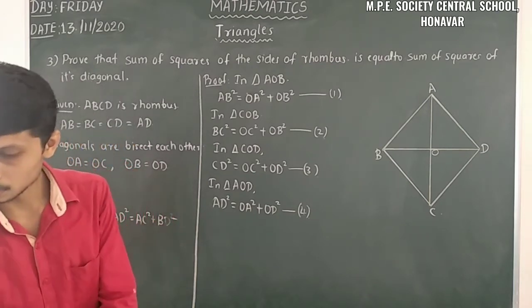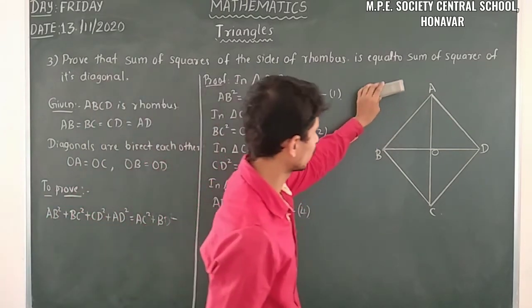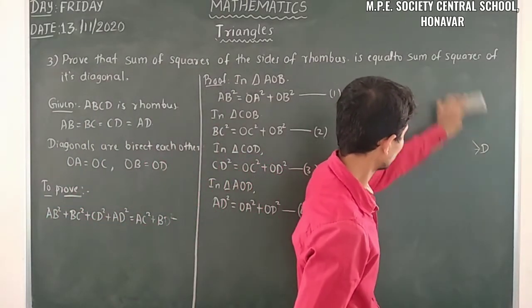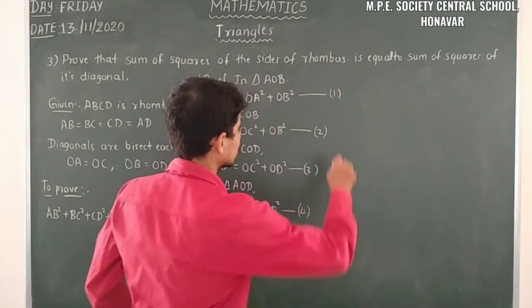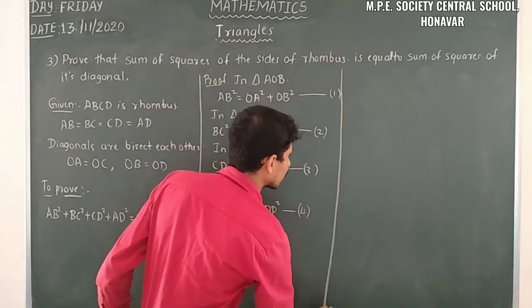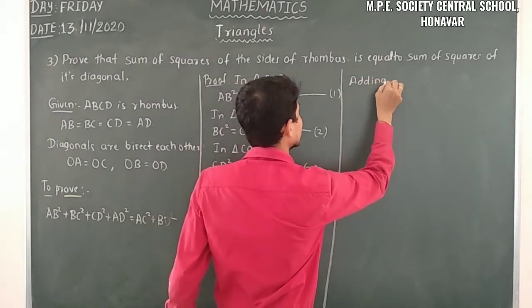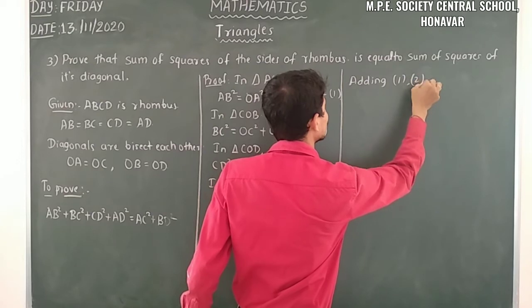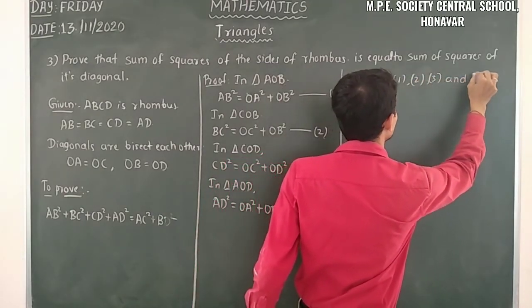So let us take the addition of all those things. Before that, I will rub the part of this diagonal of the rhombus, so we need it. Adding equation 1, equation 2, equation 3 and equation 4.